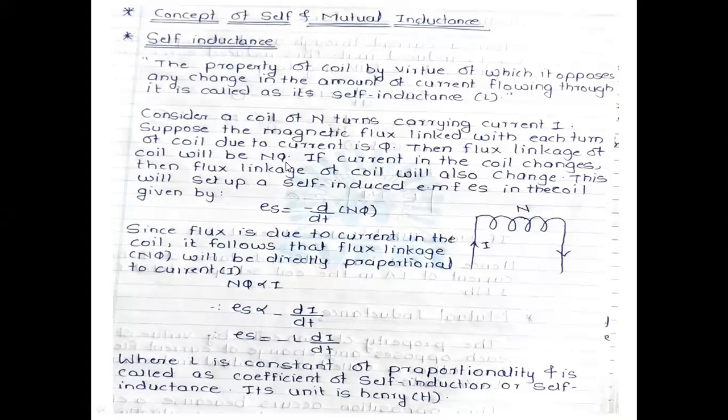If the current in the coil changes, then the flux linkage, in bracket n phi, of the coil will also change.